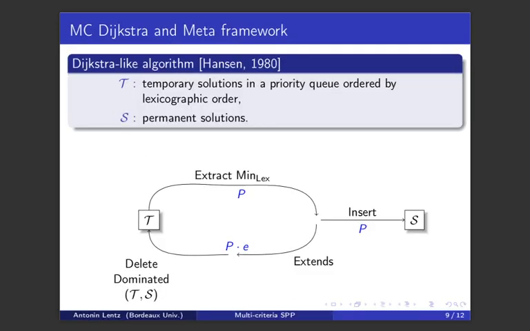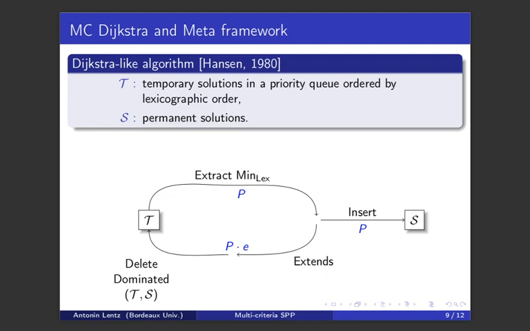A few words about the algorithm. So here, how does META work? For Dijkstra, you got temporary path and permanent path here. So permanent path, you consider that they are optimal. At first, you just put an empty path from the source to itself in the temporary path, and then you loop. So you start by extracting the minimum in the lexicographic order, so P, okay.